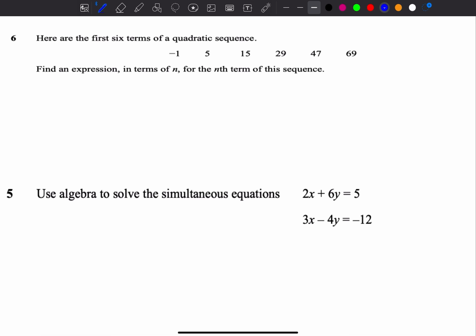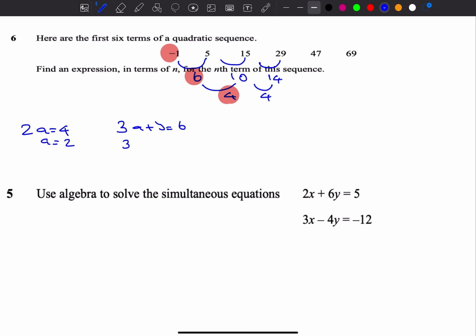Arithmetic sequence is done. Now you should know how to do quadratic. Here to here, what is that? 6, 10, 14. That's 4. These are the numbers you're looking at. You should know 2a is 4, a is 2. 3a plus b is what number? 6, the middle one. 3 times 2 plus b equals 6.